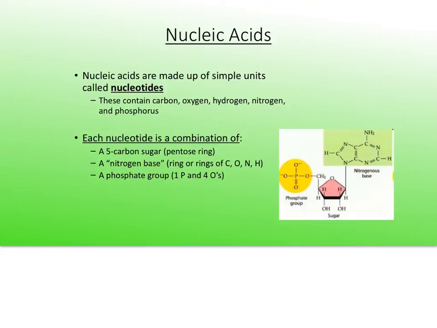There is always a 5-carbon sugar that serves as the base structure. We call this a pentose ring, like a pentagon, right? It's got 5 sides to it. We also then have some sort of nitrogen base here in green, which can vary, and we'll come back to those in just a minute. Notice that's where the nitrogen comes in. And then we also will have a phosphate group attached to that sugar, and that's where that phosphorus comes in.